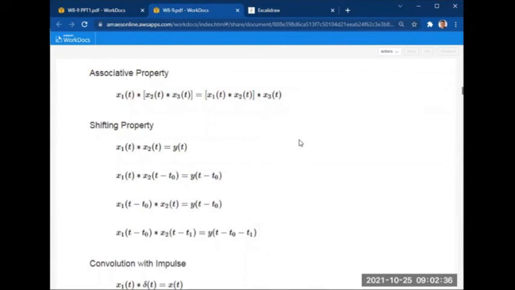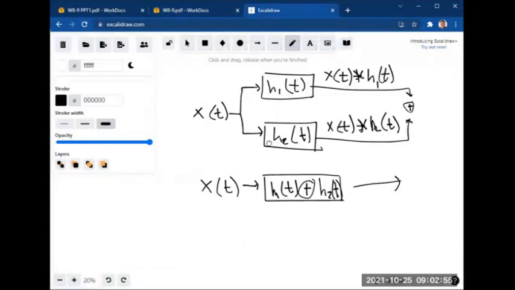Shifting property. So if we shift our starting point, the starting point of our convolution signal will also shift.